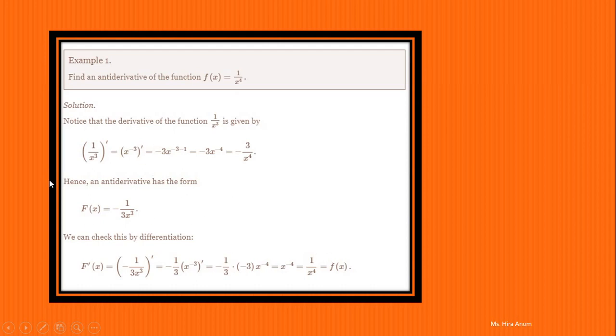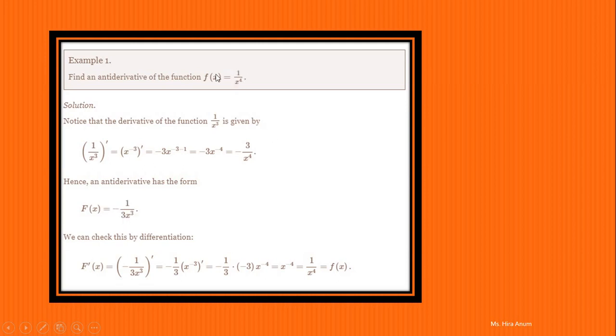This is for previous knowledge, not for the question. The important part is that we find the antiderivative, f(x) equals minus 1 over 3 x cubed.